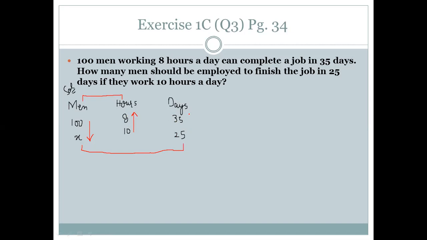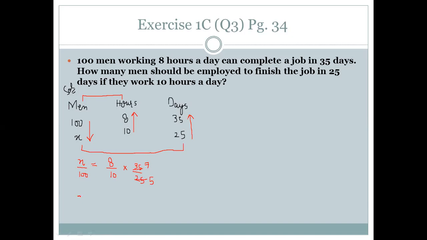So again, this 35 will get the arrowhead and make an arrow like this. Then the equal to sign, x will be in the numerator and 100 in the denominator. Then you will have 8 upon 10 multiplied by 35 upon 25. 5 sevens are 35, 5 fives are 25.